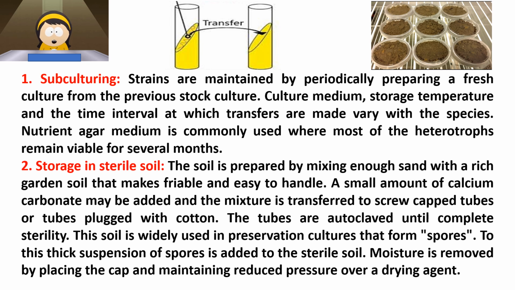The tubes are autoclaved until complete sterility. This soil is widely used in preservation of cultures that form spores. To this, a thick suspension of spores is added to the sterile soil. Moisture is removed by placing the cap and maintaining reduced pressure over a drying agent.